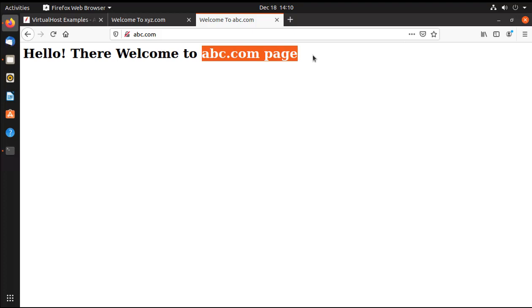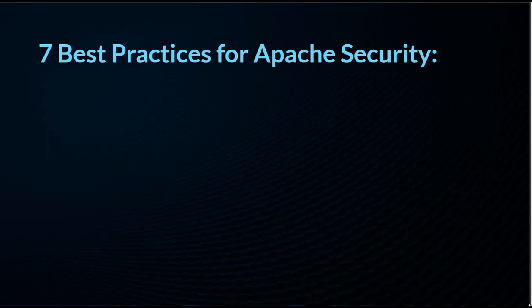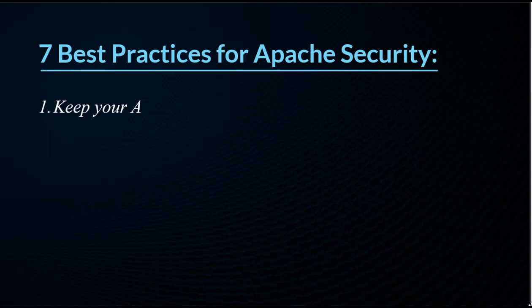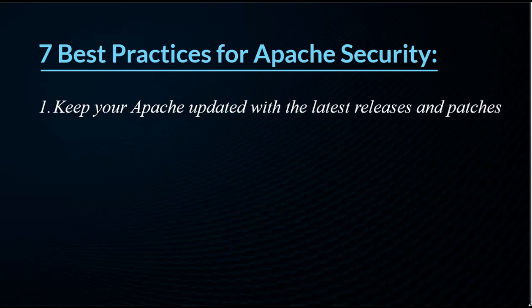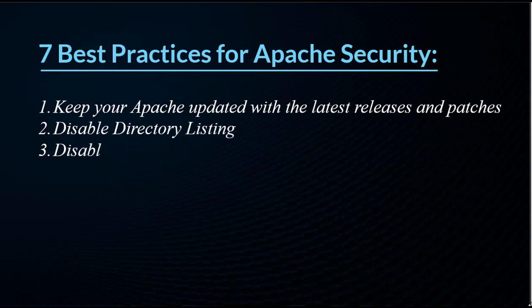Well, before ending this video, you could follow 7 best practices for Apache security. First, keep your Apache up to date with the latest release and patches. Second, disable directory listing. Third, disable unnecessary modules.